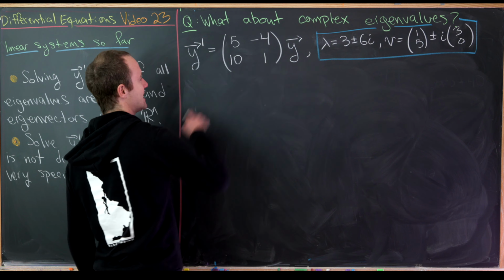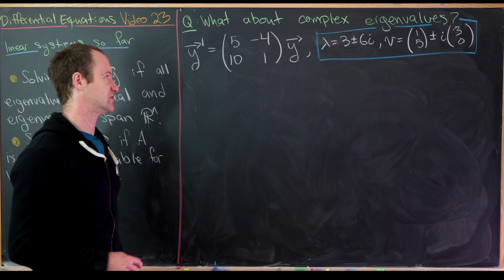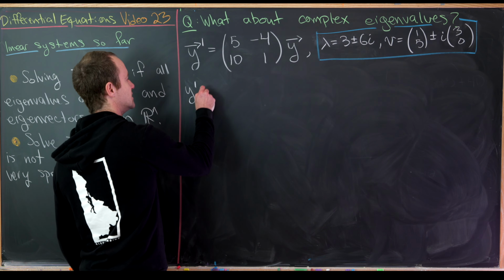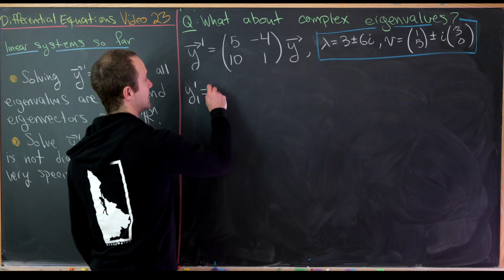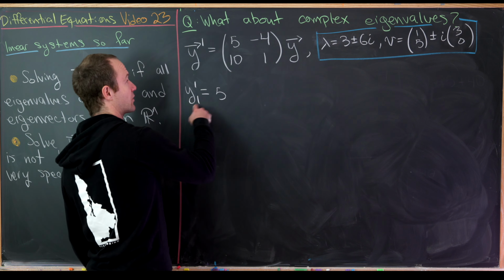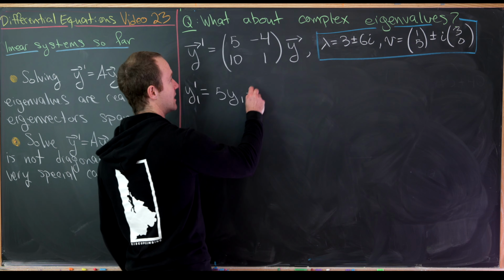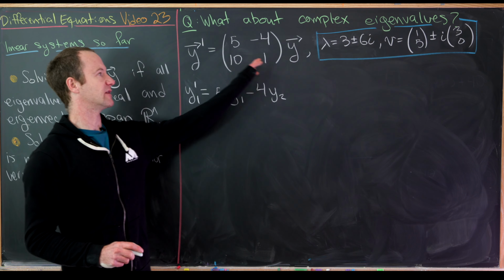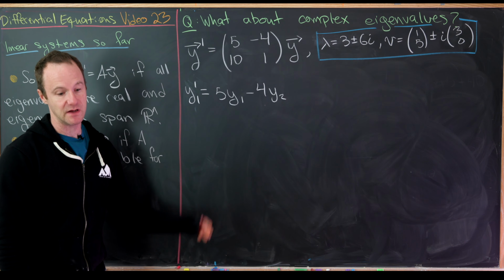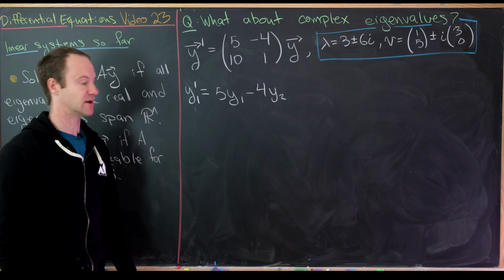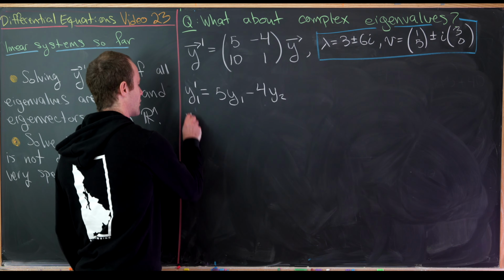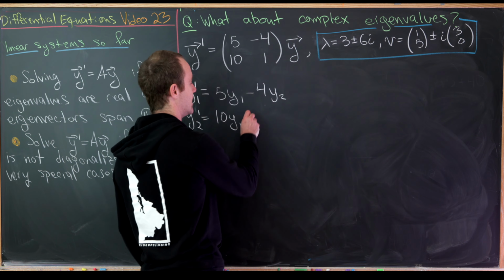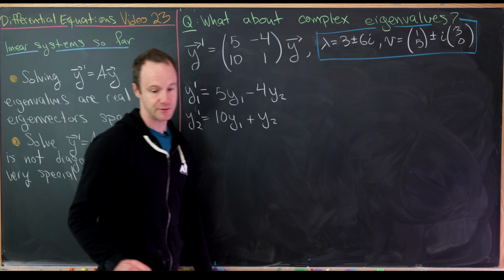So let's take this matrix vector differential equation and turn it into a system of differential equations. So we'll have y1 prime equals 5y1 minus 4y2. And that's of course making the vector valued function y be y1, y2 as the components. Okay. Furthermore, we'll have y2 prime is equal to 10y1 plus y2.